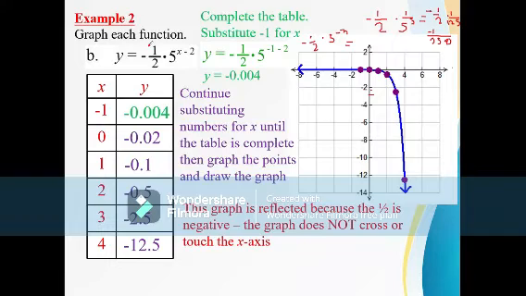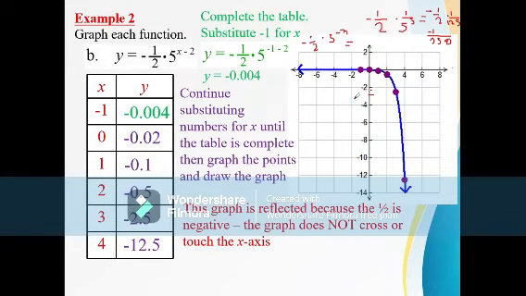Remember the value of a in our exponential function. If a is negative, then the graph does not cross or touch the x-axis, and it is reflected, meaning the orientation is like this because it's negative.